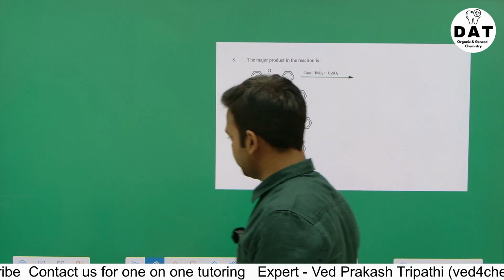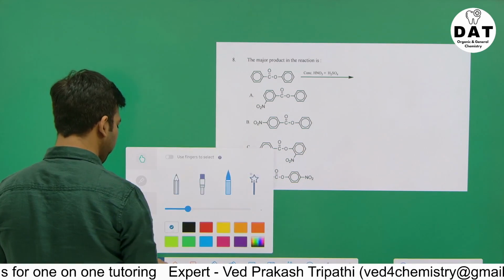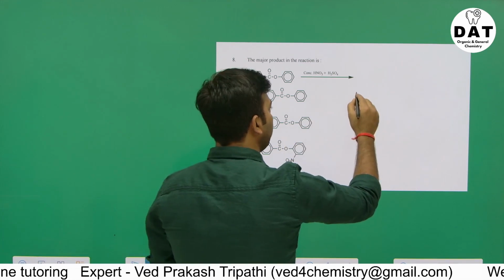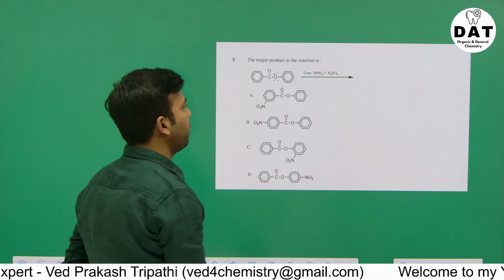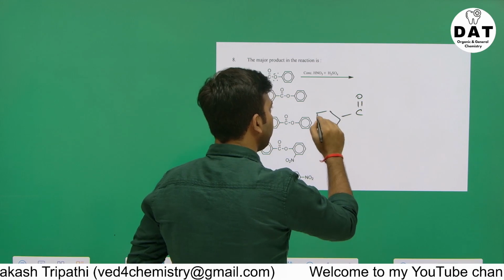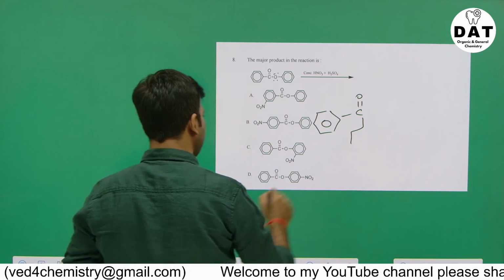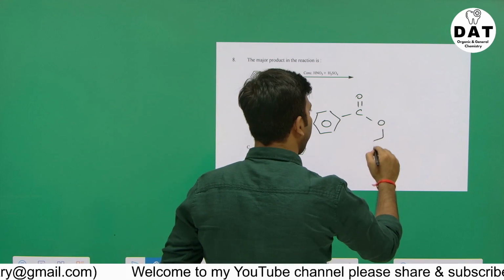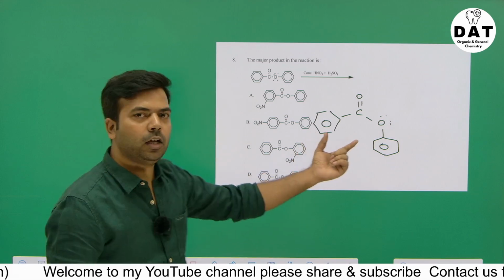Now this is a very good question from aromatic electrophilic substitution. So let me explain this. Look at here, we have a donor group. So donor ones are those which have a lone pair. So oxygen always has a lone pair, okay. So if I am going to expand the structure, oxygen is a donor one here.